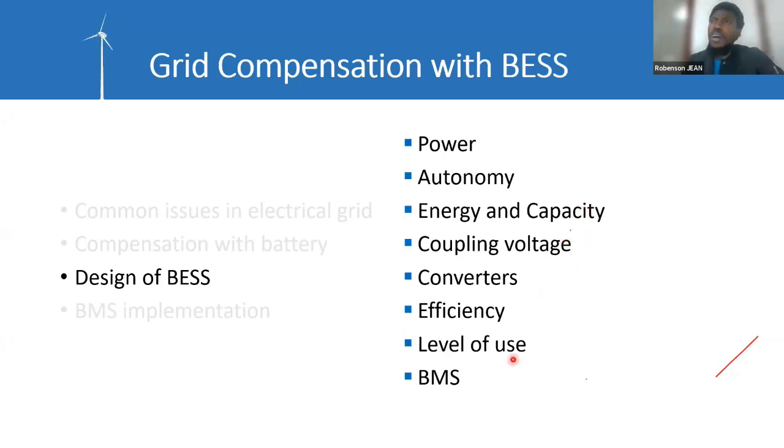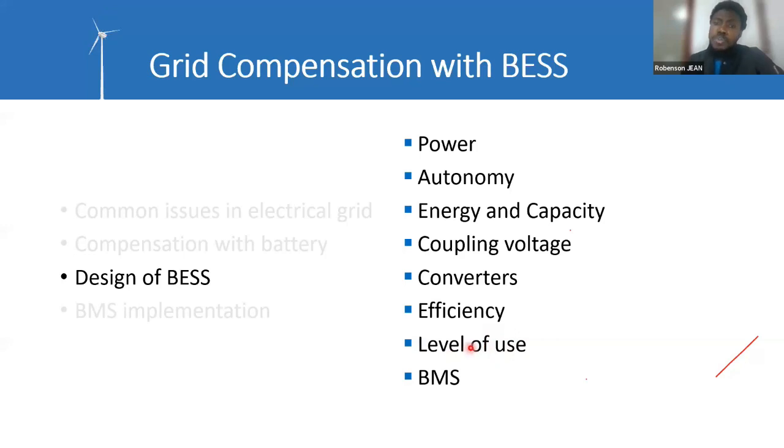Also, there is the level of use. When I'm talking about the level of use, it is because we cannot completely charge the battery, neither can we completely discharge the battery. Therefore, it is important to design a battery management system. And also, we have to take into account the efficiency and the level of use.